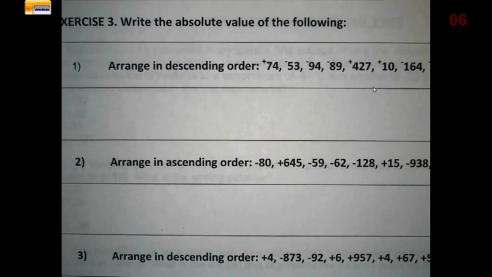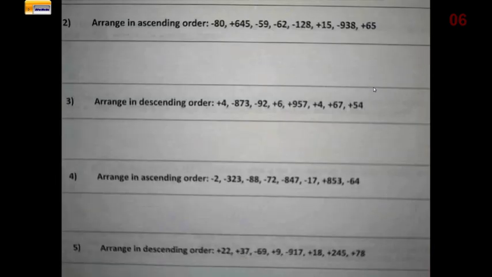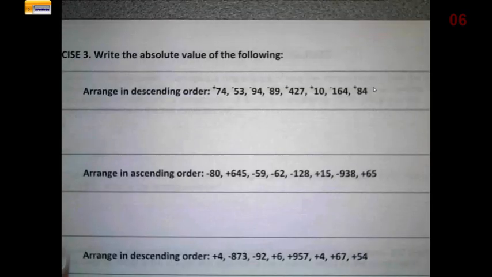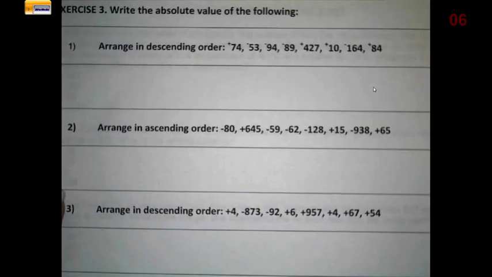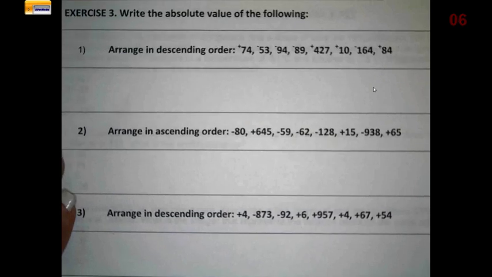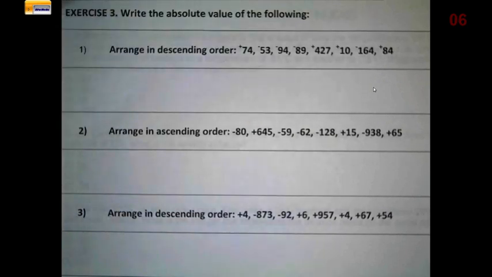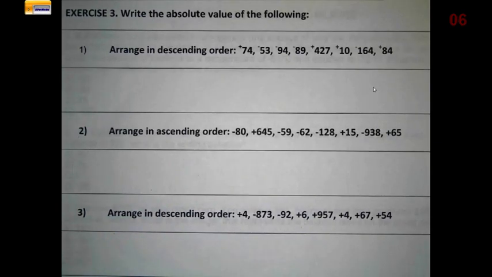Okay, now on the next page, let's do a couple of those. Let me pull this up so you guys can see all of the question. You're supposed to arrange these in a particular order, so you have to read the instructions carefully to see what order on exercise 3. Now, the first question, they want us to arrange this in descending order.